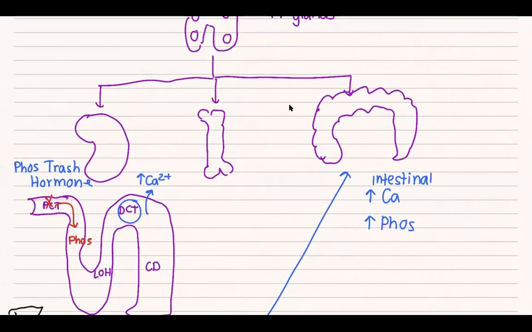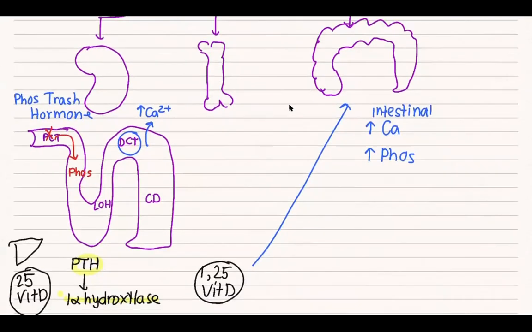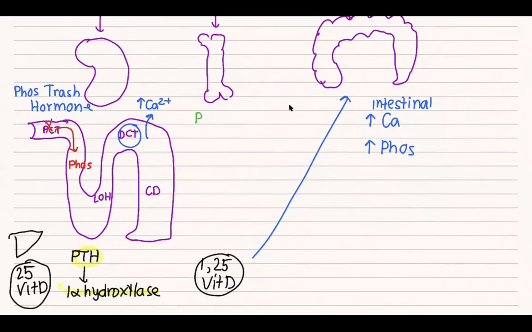Now, what's also important to recognize is that PTH is going to hit the bone. And what is PTH going to do to the bone? Well, PTH is going to actually activate osteo, and you heard me first, blasts. What PTH does is it activates osteoblasts, and then osteoblasts make RANK ligand.